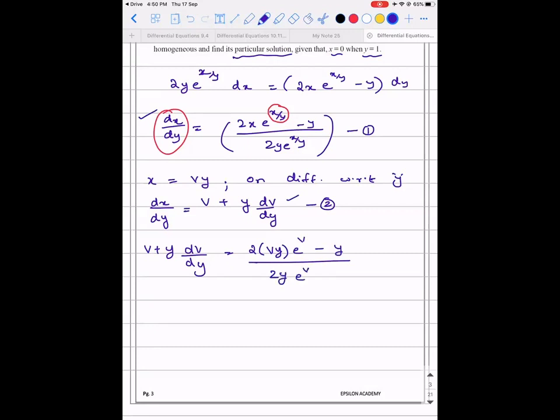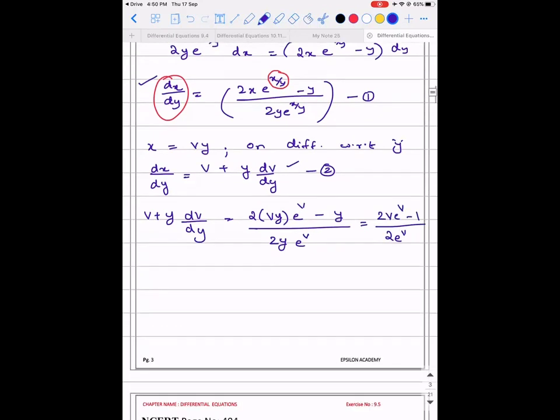Okay, so y gets cancelled. 2v into e power v minus 1 divided by 2 into e power v is equal to v plus y into dv by dy.